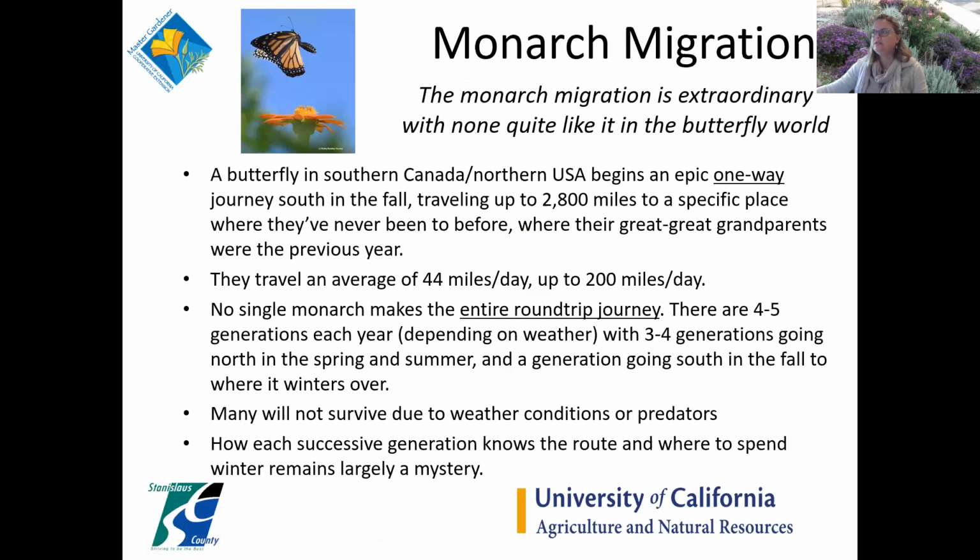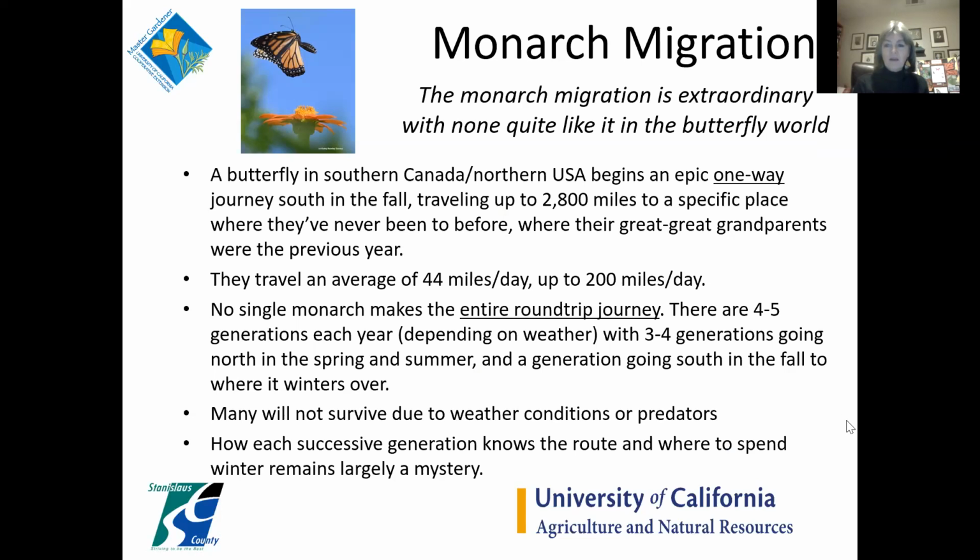So let's get started. I'm going to be talking about monarch migration, which is such a marvel, and I think the long journey from the north to the south is what gives the monarch its notoriety.